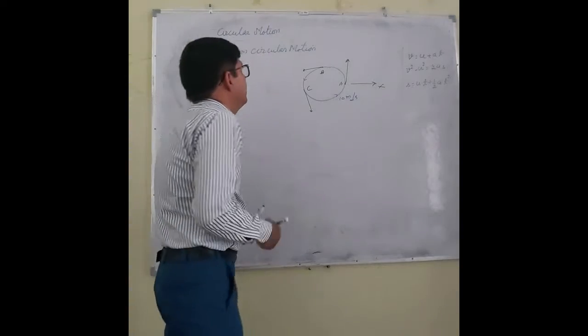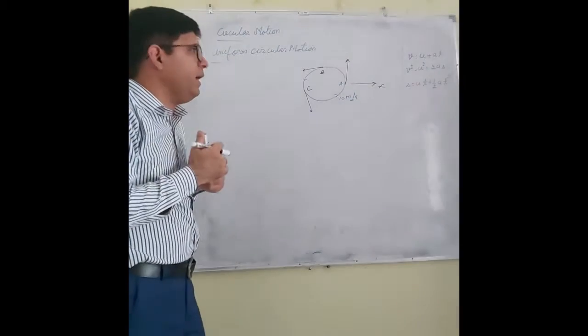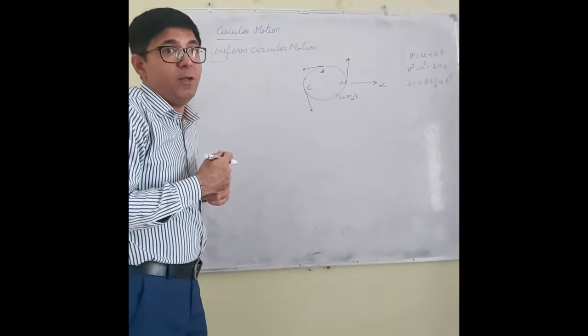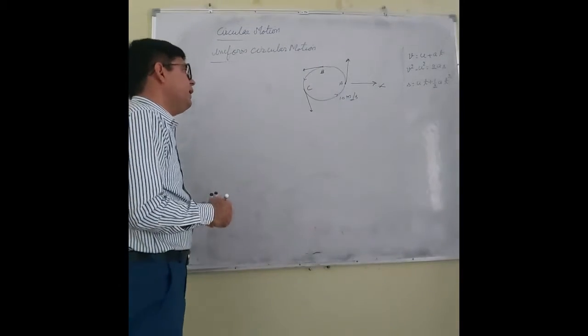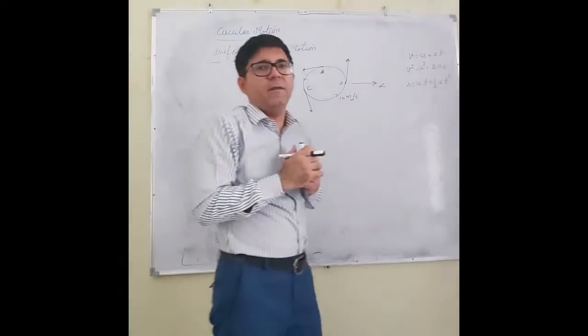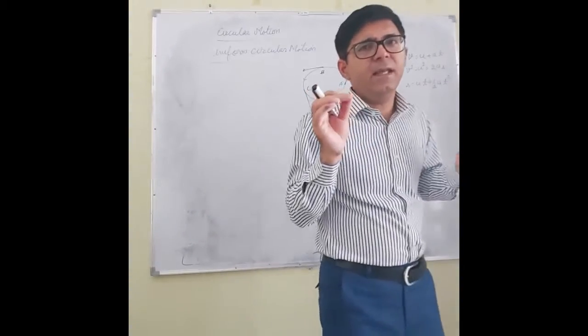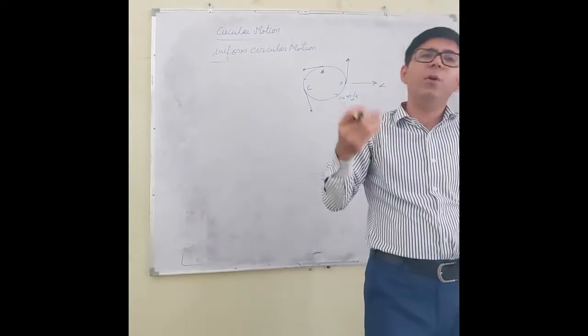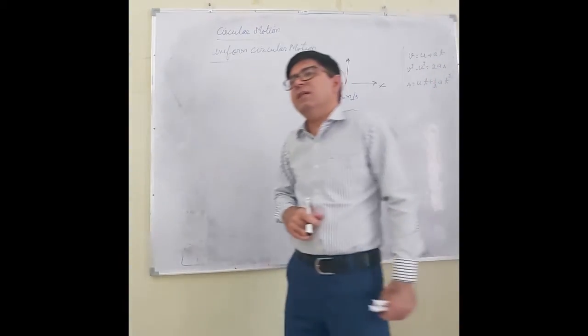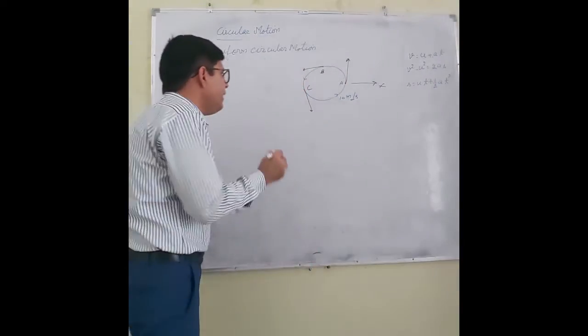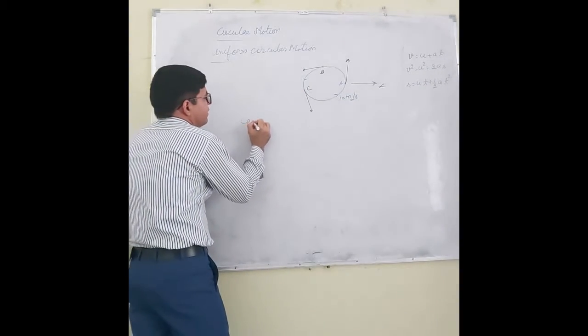So what I said, the direction of motion of a body changes at every point due to change in the direction of velocity. Now write down, it means there is an acceleration produced in the body and that acceleration is called centripetal acceleration.